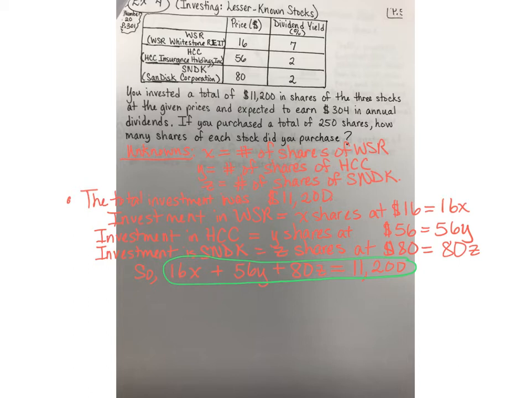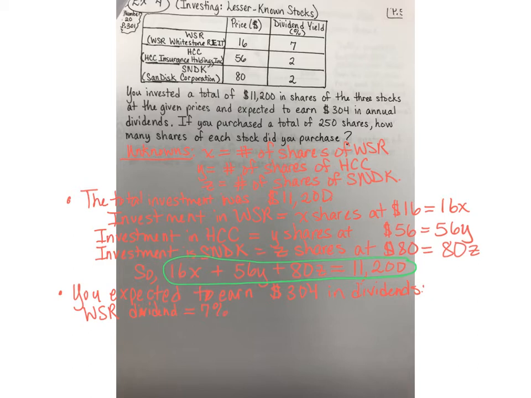Now we can use our dividends. So here we expected to earn $304 in dividends. Now what we're going to do is we're going to talk about each stock and the dividend yield, and we're going to tie that in, okay, with incorporating the percents. So our WSR dividend was equal to 7%.